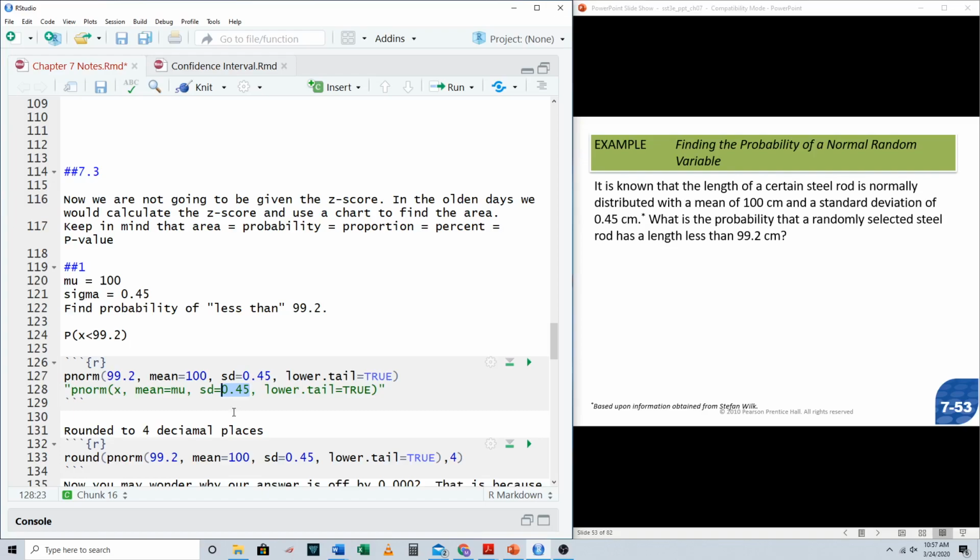Sorry, this is actually wrong. Since we're just finding the probability of one selected steel rod instead of a bunch of them, our standard deviation is going to be exactly what they give us. If we have a sample size of more than one, we would have to actually find what's called the standard error, and that would be our standard deviation.